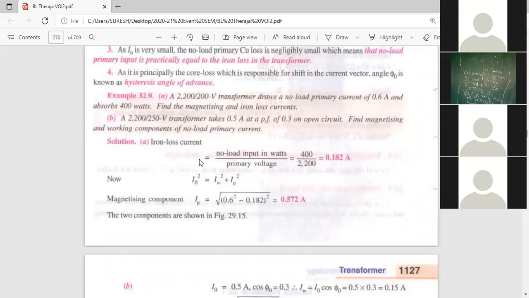Determine IE. In the first case, it is 0.18 ampere. Now we know the relation: I naught square is equal to IE square plus IM square. Determine IM. I know I naught: 0.6 square is equal to 0.18 whole square plus IM square.